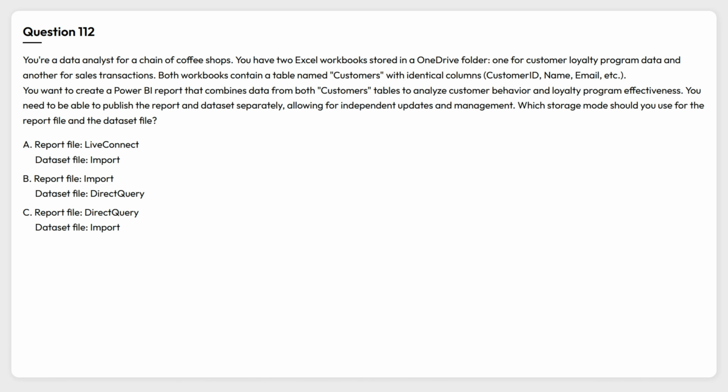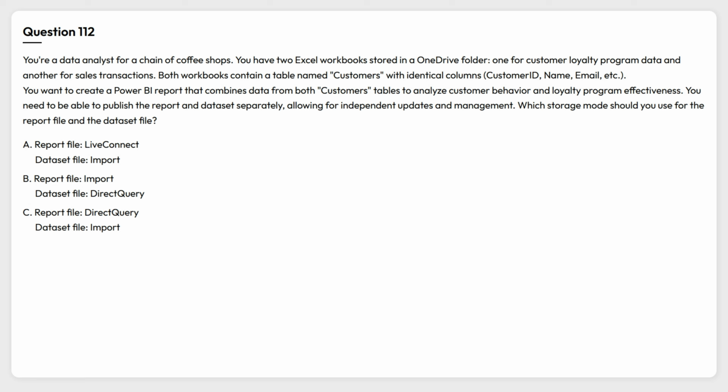Question number 112. You are a data analyst for a chain of coffee shops. You have two Excel workbooks stored in a OneDrive folder, one for customer loyalty program data and another for sales transactions.